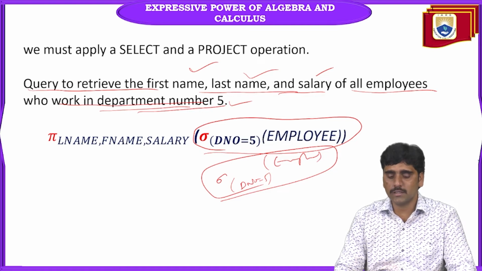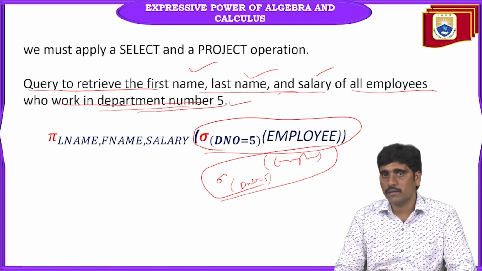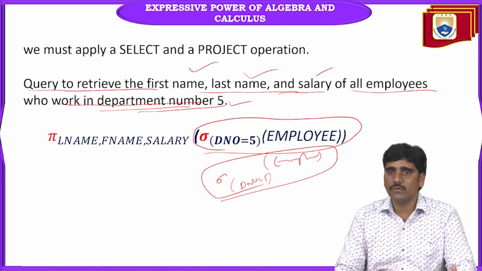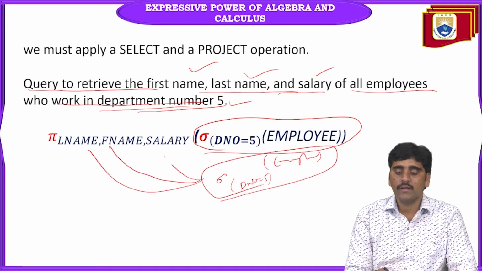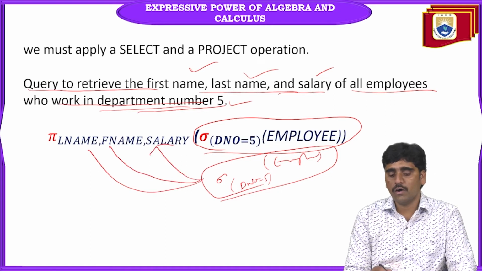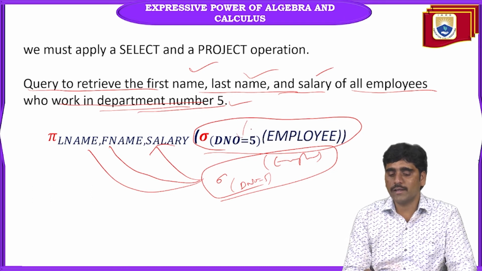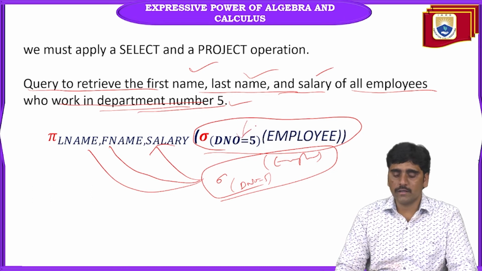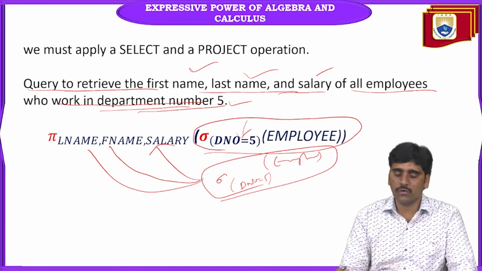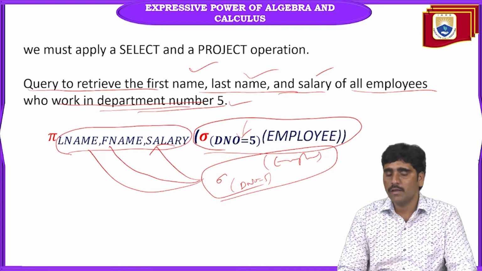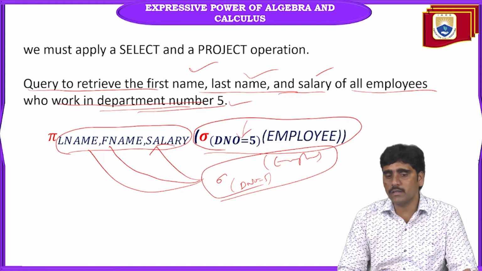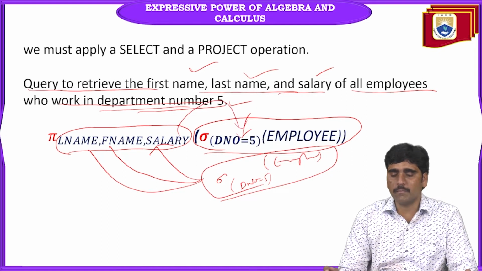All the employees under department number 5. Now what I need to do is display only the last name, first name, and salary of all the employees working under department number 5. So I am projecting to display last name, first name, salary of each employee who works under department number 5.